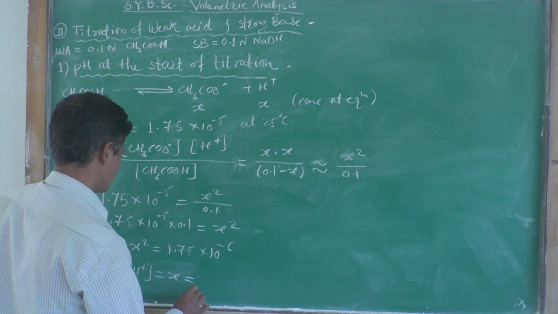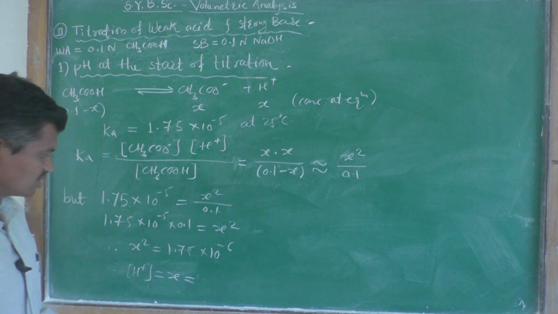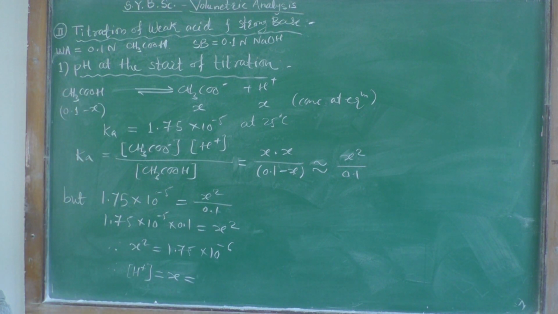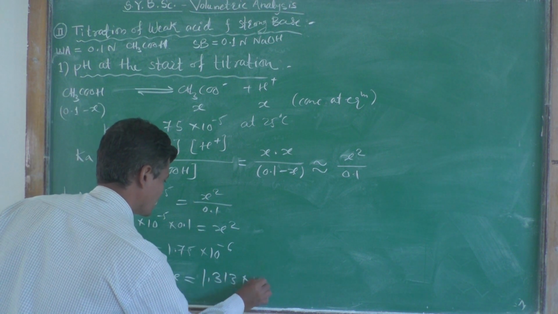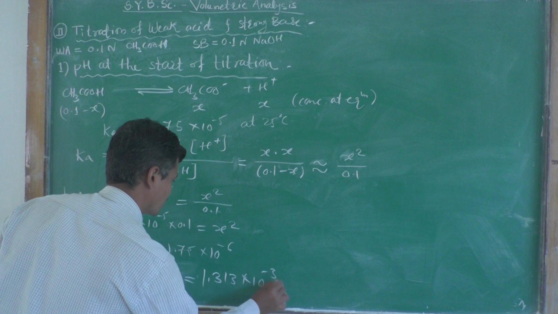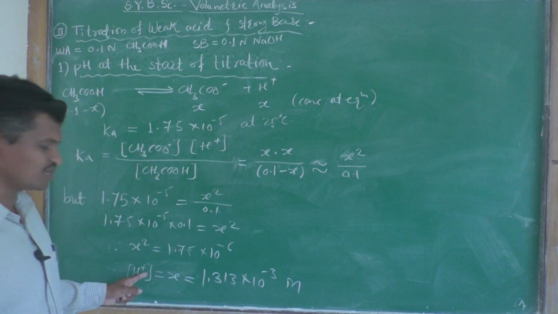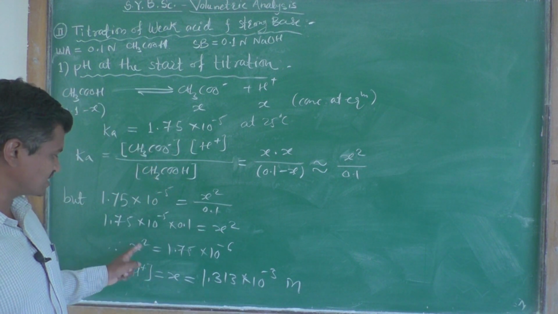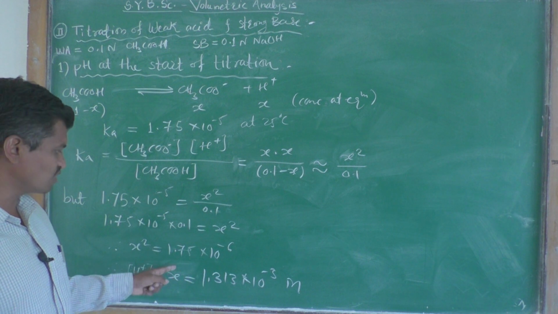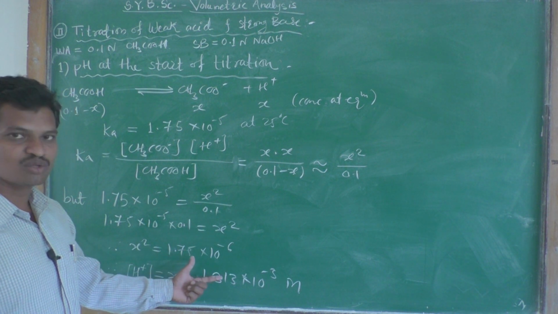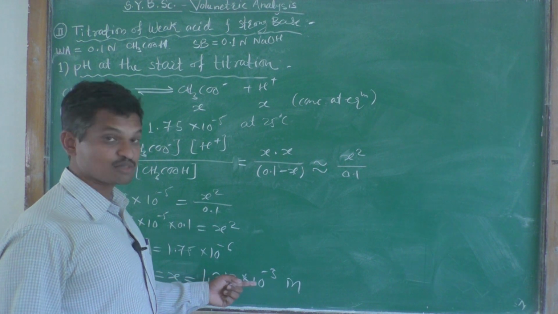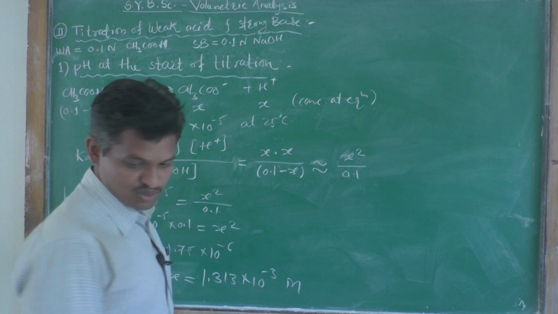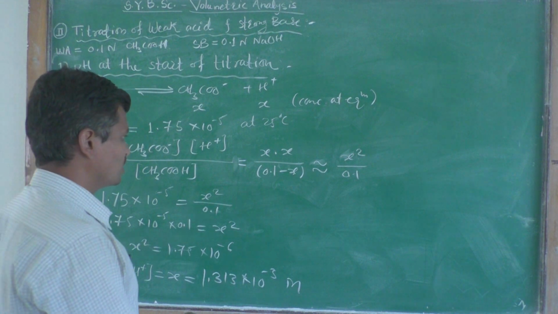The square root of 1.75 is 1.313 into 10 raised to minus 3 moles. This is the concentration of H plus, which is the value of X. You can use your calculator, and the value becomes 1.313 into 10 raised to minus 3 moles. Now we have to calculate the pH.